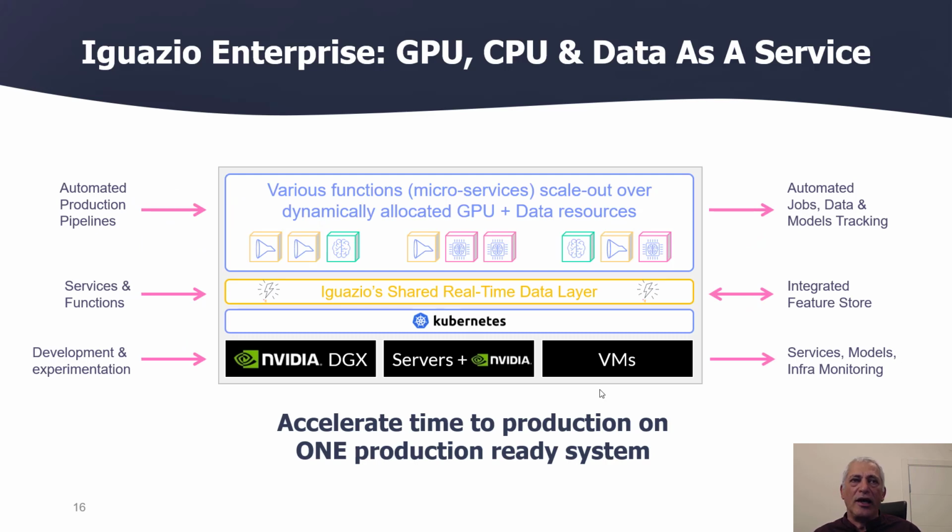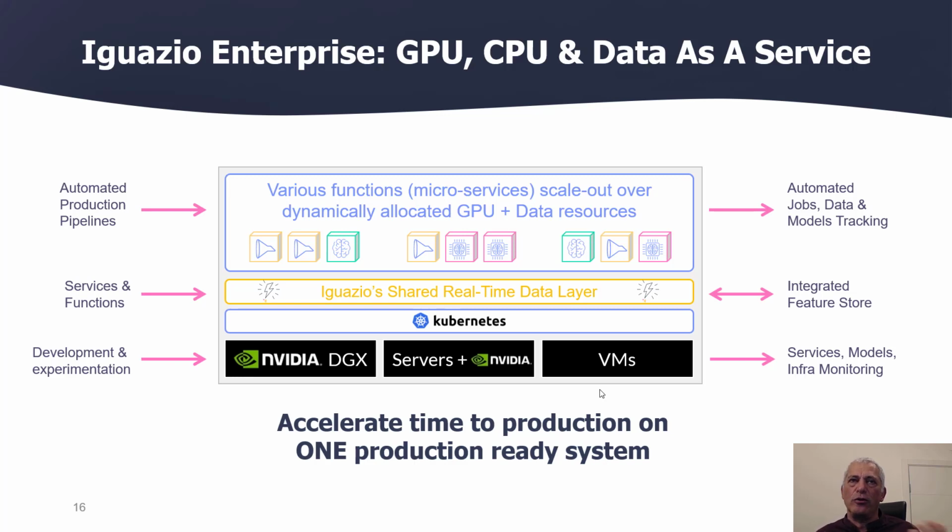You can just take a bunch of servers or virtual machines. It's also certified on DGX. It's a DGX-ready software stack. And you take all that software, you run Kubernetes on top of that cluster. We can bring the Kubernetes with us, or sometimes you bring the Kubernetes. You have a common data layer.